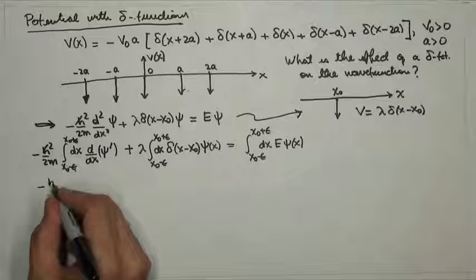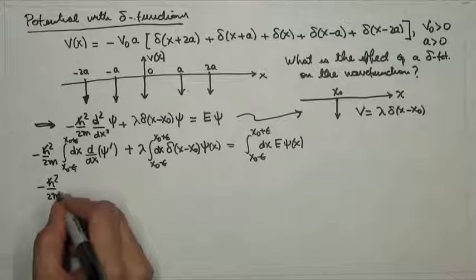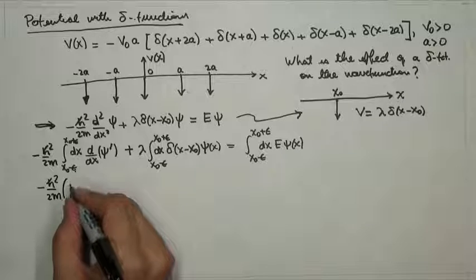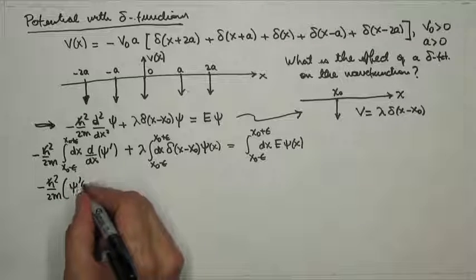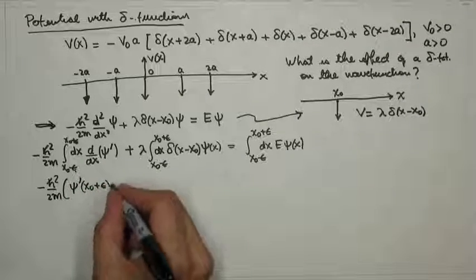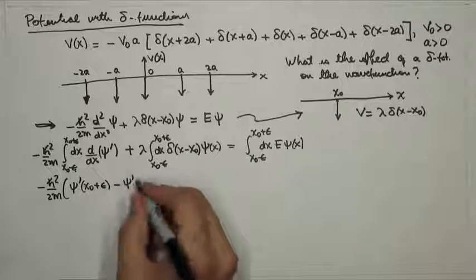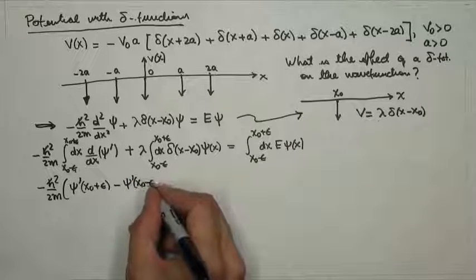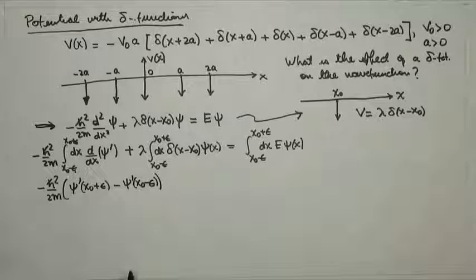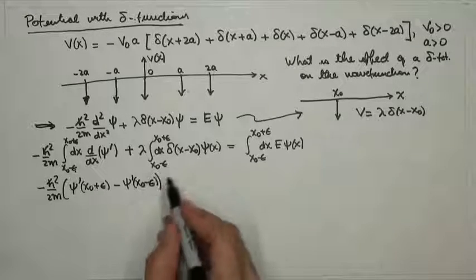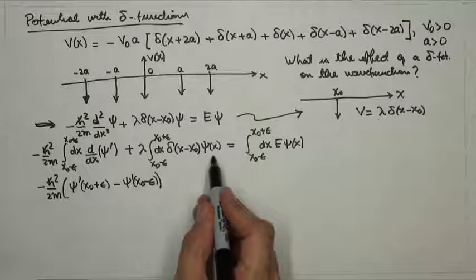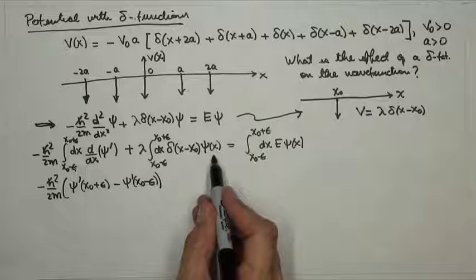So we have minus h squared over 2m, psi prime evaluated at x0 plus epsilon minus psi prime evaluated at x0 minus epsilon. Good. Next term, lambda is there. There's a delta function. Well, delta function integrals are easy.